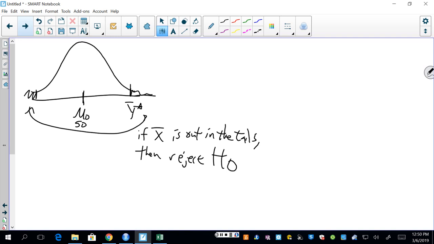The evidence is strongly suggestive that it's not 50, and you should rethink any planning or decisions based on that assumption.